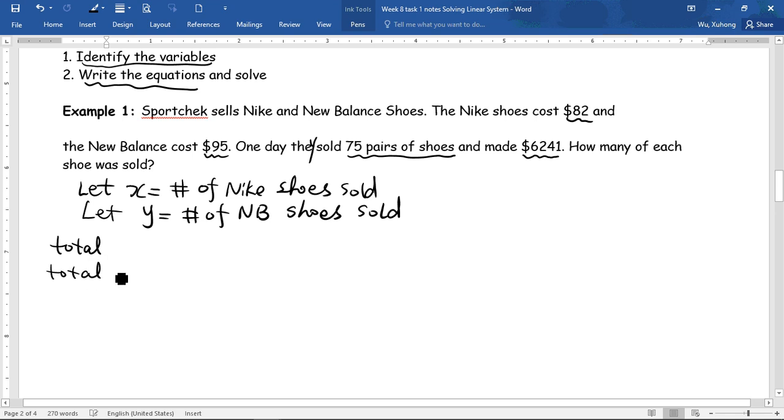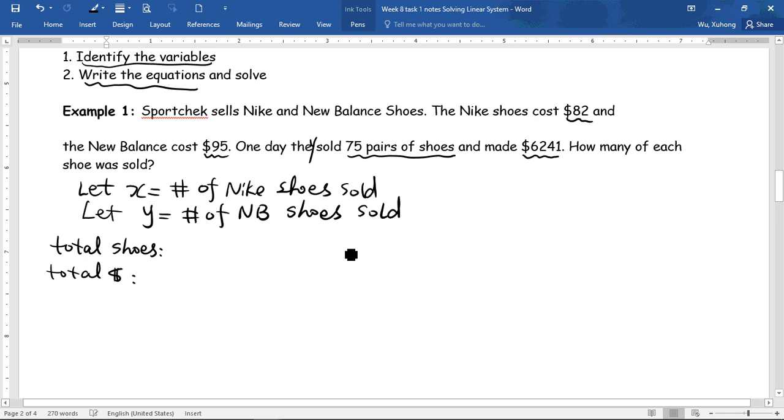One is total dollars, one is total shoes to set up the two equations. Okay, if you see the total, how many, then it will be easier for you to use total shoes and the total dollars to set up the equation.